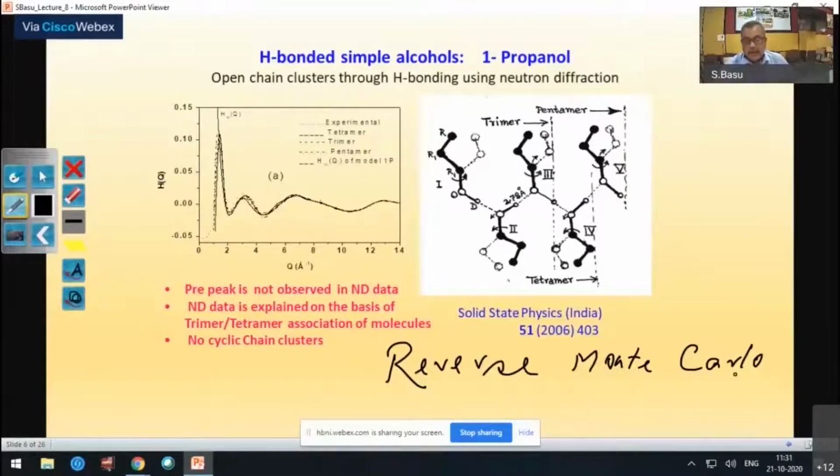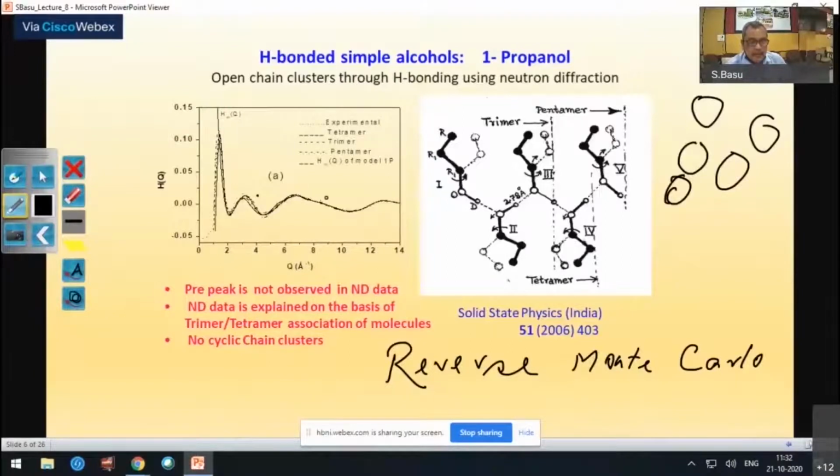In reverse Monte Carlo process, actually you start with some kind of a structure of the arrangement of the atoms or molecules in real space, and then you stochastically or randomly keep moving it, look at its Fourier transform, which is compared with the experimental result just like Rietveld fitting, and keep doing this stochastic change of the structure till you get a good fit.